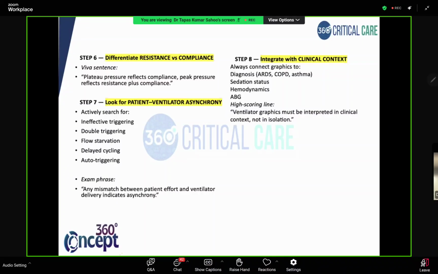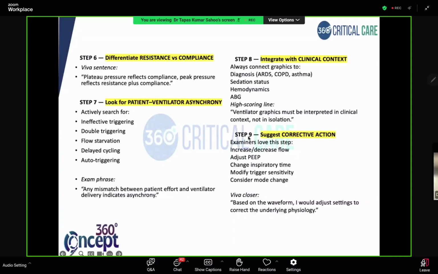Whether you need to do some maneuver on the ventilator, like inspiratory hold, expiratory hold, recruitment. All these things would be the pet questions of the examiner. So always the last line would be: ventilator graphics must be interpreted in the clinical context, not in isolation.